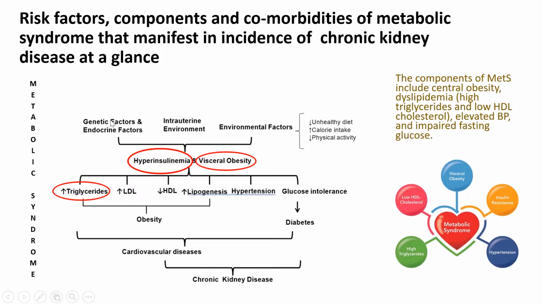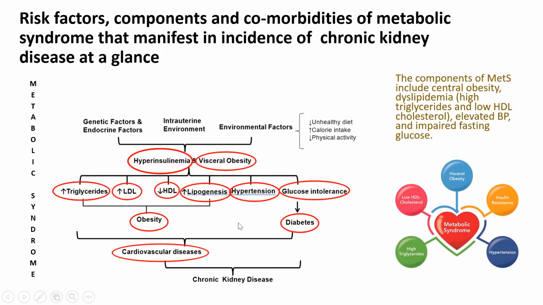That is genetic factors, intrauterine environment, and environmental factors that are contributing to increased triglycerides, increased LDL, decreased HDL, hypertension, glucose intolerance, obesity, diabetes, and cardiovascular disease, which is ultimately leading to cardiovascular disease and chronic kidney disease.